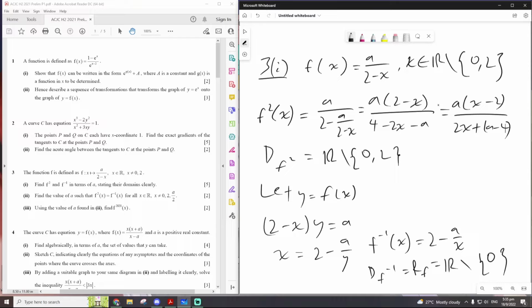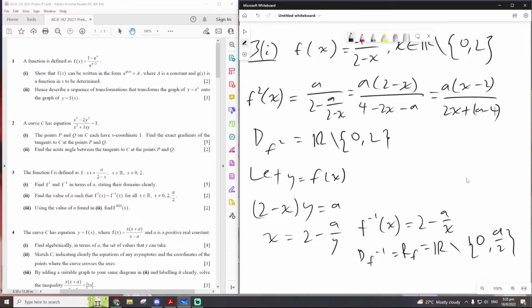Actually no, there's a bit more to it. Because f of x itself, it's stated that x cannot be 0, and in that case you will get a over 2. So a over 2 is not in the range of f. So therefore the domain of f inverse excludes a over 2. Okay, nice. So I have the two functions.